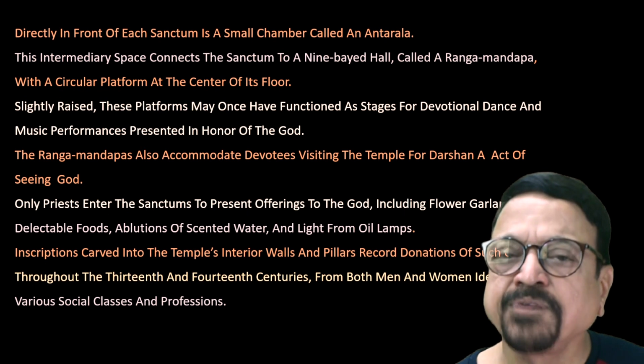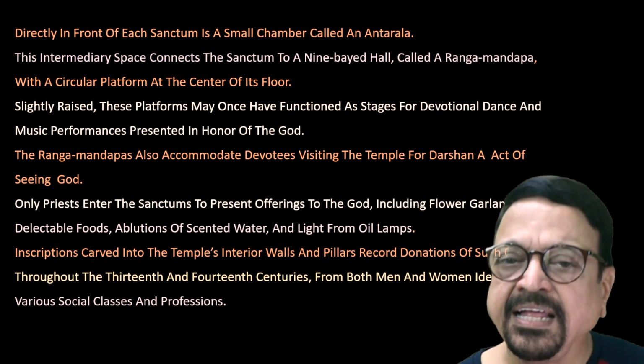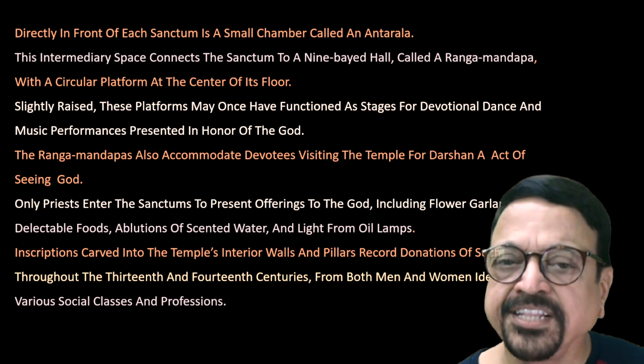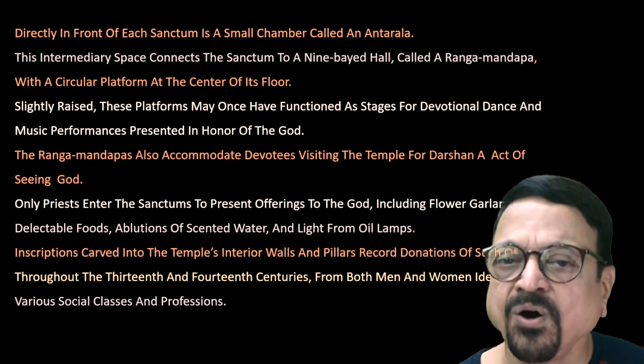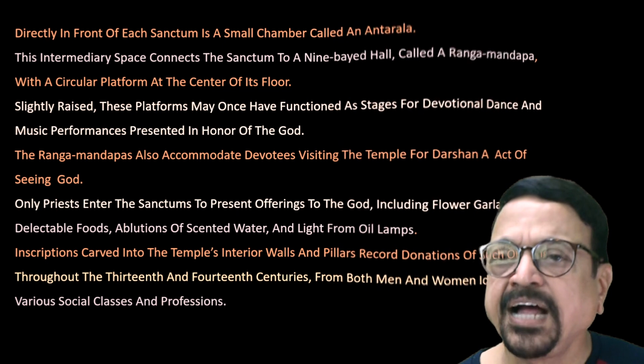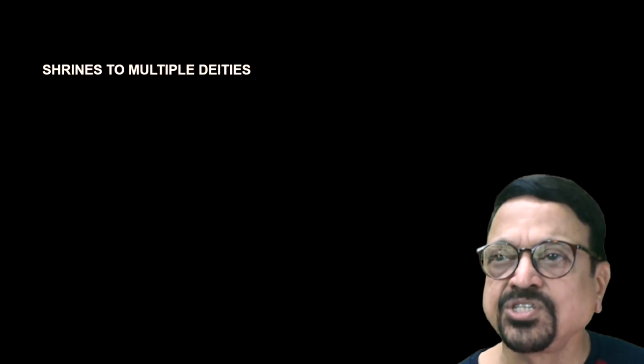They can bring puja samagri with them, which includes milk and flowers. They can also bring oil to light the lamp, and they can offer it here. But in the sanctum, only the priest is allowed. Occasionally some devotees are allowed in certain temples.